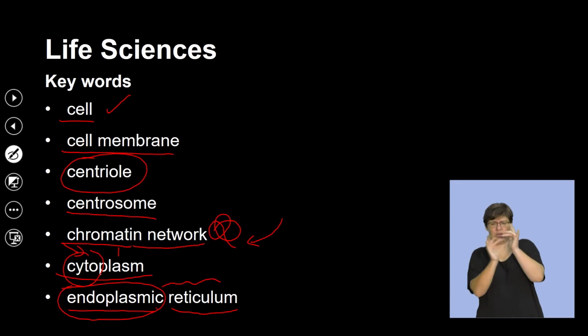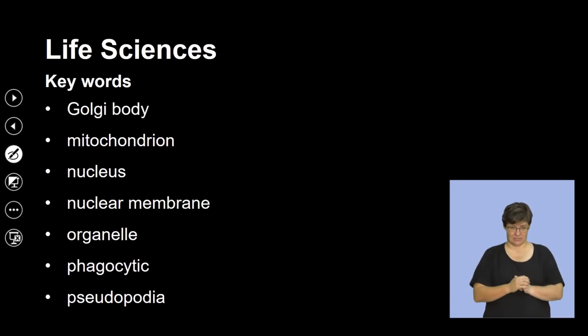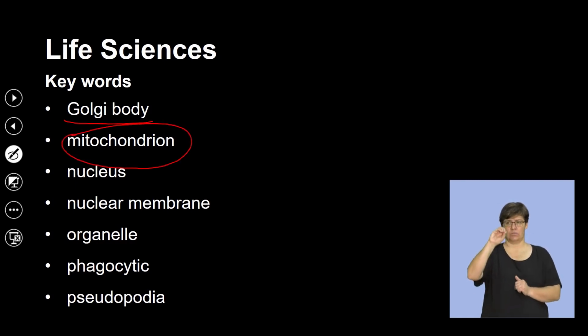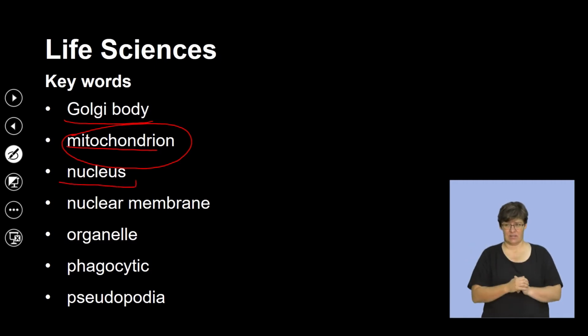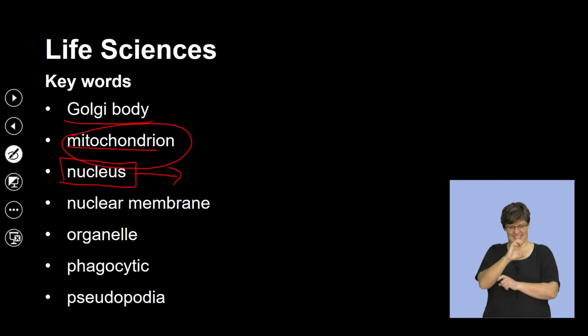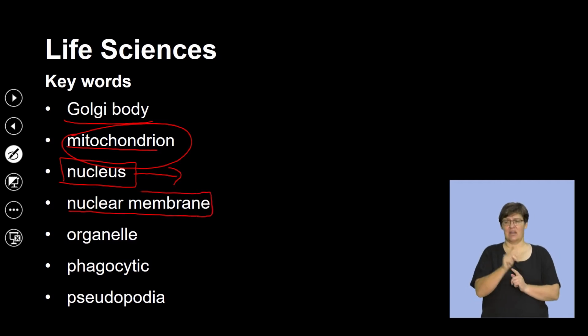We also need to look at structures called the Golgi body, and we will look at the structure of this. The mitochondrion is an important organelle which plays a significant role in cellular respiration. One of my favorite organelles is the nucleus, which we often refer to as the control center of the cell, and how that membrane encloses the contents of the nucleus.